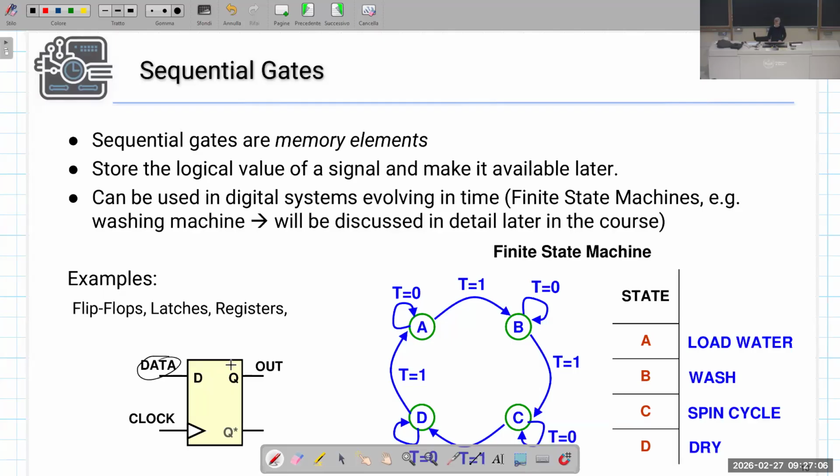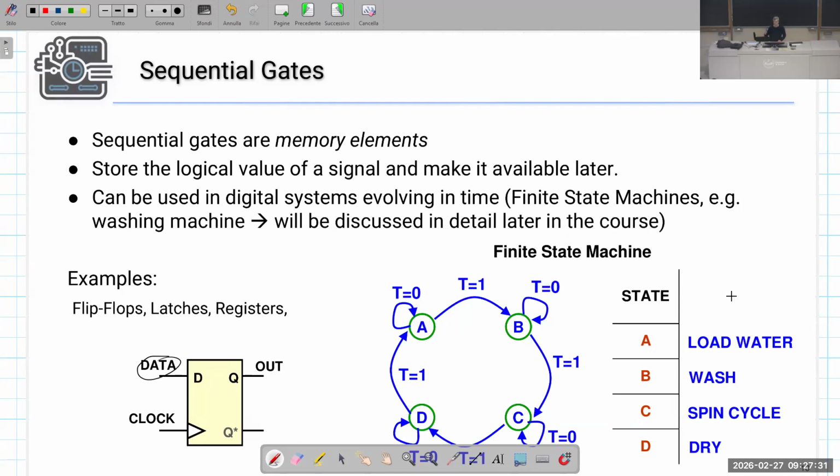But another example of a sequential circuit is a finite state machine. The typical example of a finite state machine is the washing machine, for instance, or also the traffic light, which is a digital system that undergoes a sequence of states.